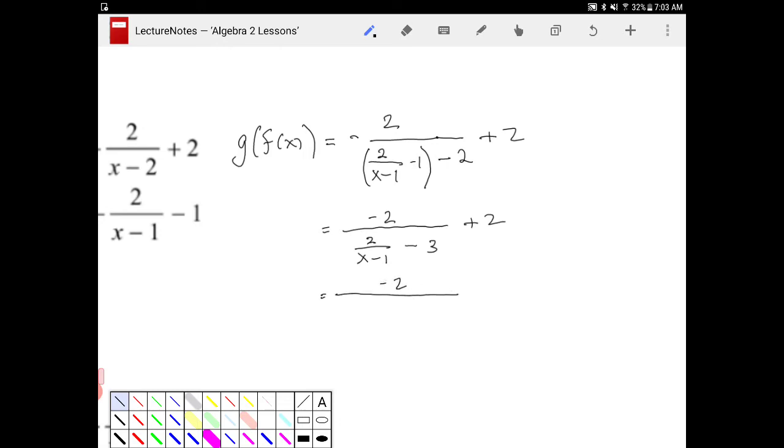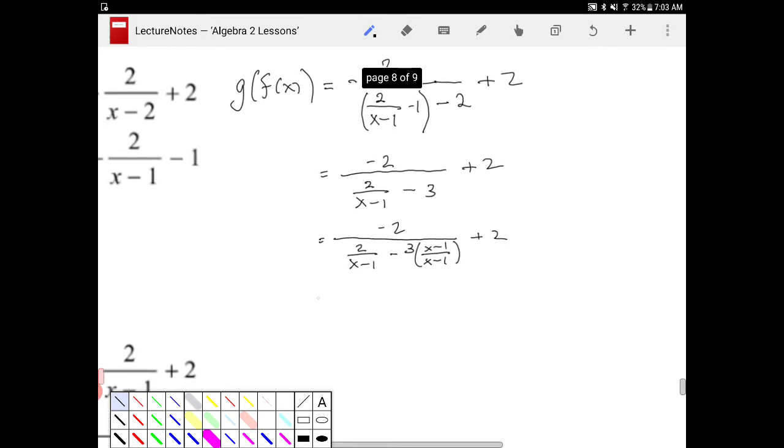So I get negative 2 over x minus 1 minus 3 times x minus 1 over x minus 1 plus 2. This will equal negative 2 minus 3 times x minus 1 all over x minus 1 plus 2.